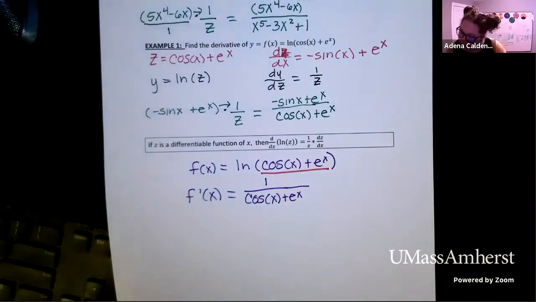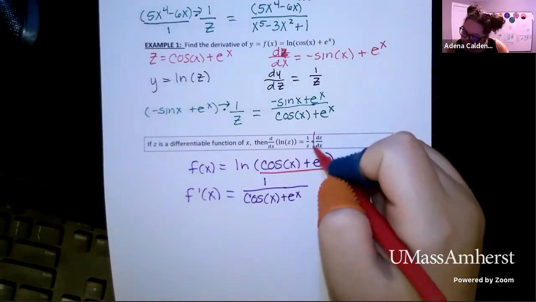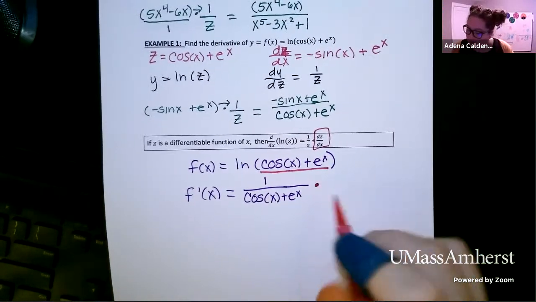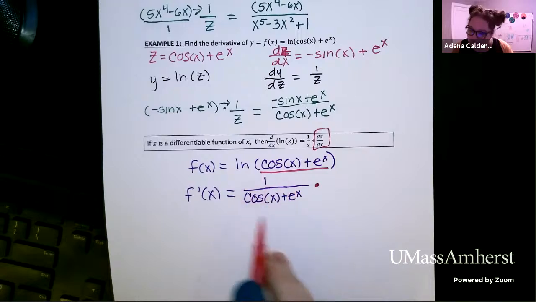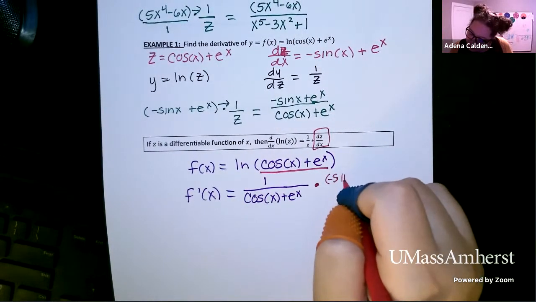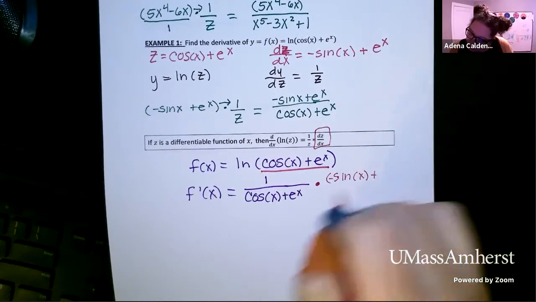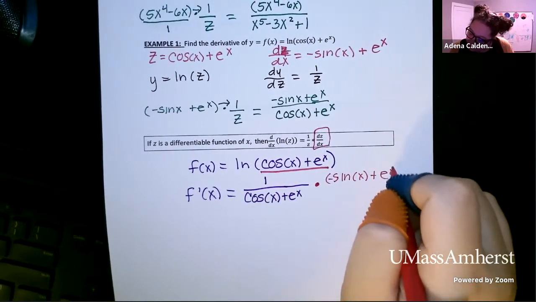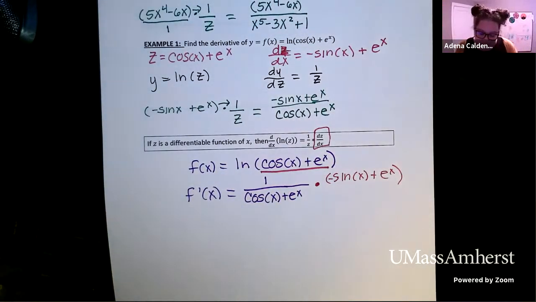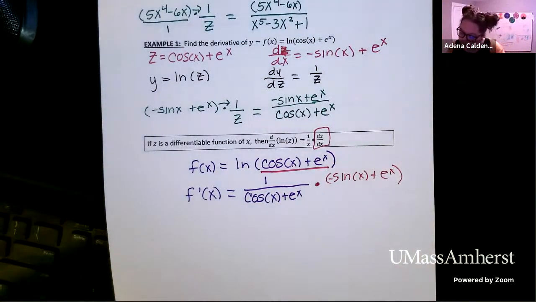But then we have to remember to multiply that by the derivative of the inside. So the derivative of this stuff. So the derivative of cosine is negative sine. The derivative of e to the x is e to the x. And just like before, we can multiply that into the numerator.